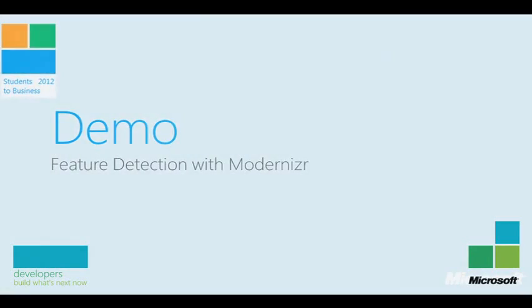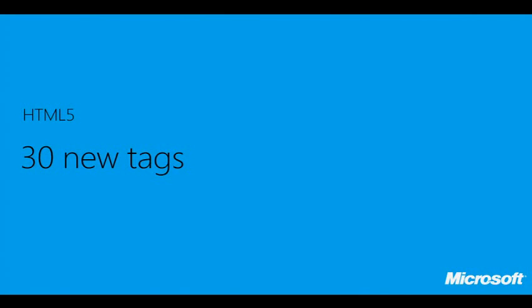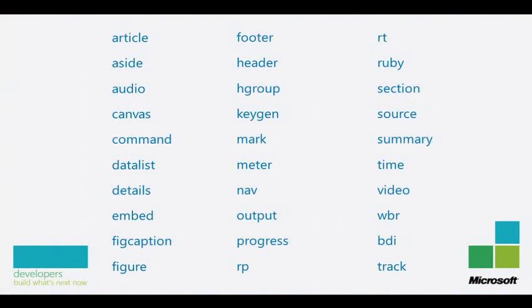Okay, so now we can create websites. We can simply load our HTML5 website, and it runs on each browser. Let's have a look at some of the new tags that come with HTML5. Now, I don't have time to see them all, so I just listed them here on this slide. We're going to see a few of them, like canvas, video, the header tag, and so on.